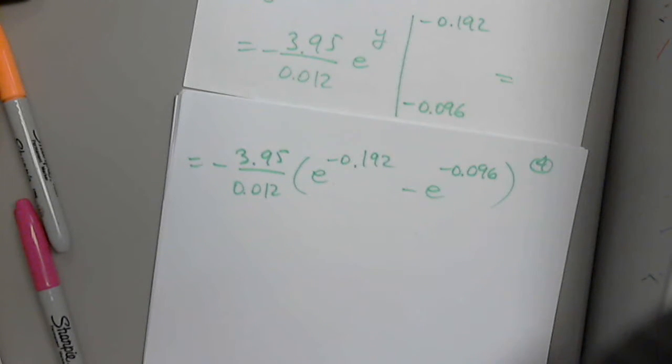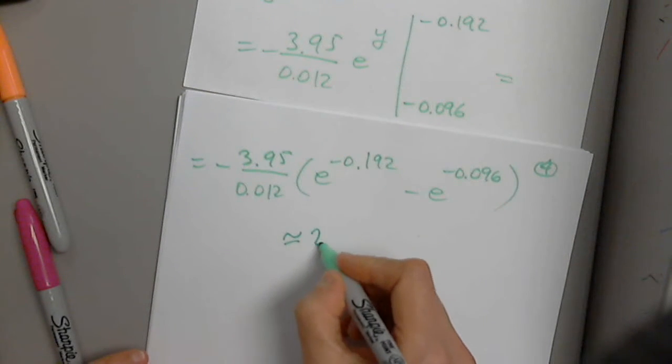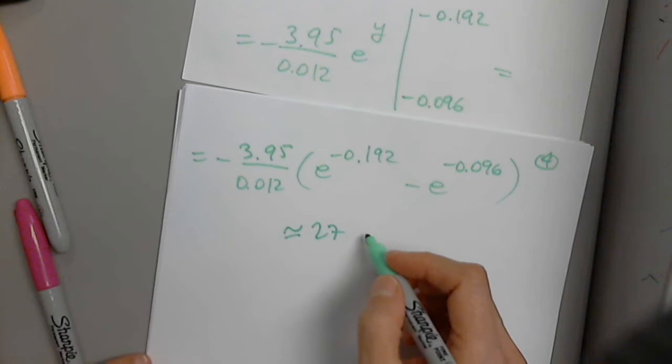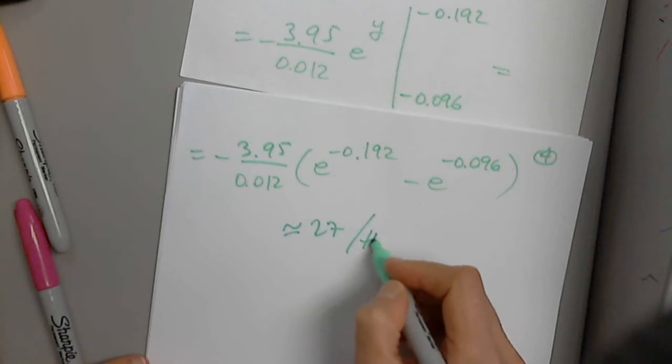I'm going to delete the 1 and insert e raised to, in parentheses, negative 0.096 and close the parenthesis. And when I press enter, I will get roughly 27 divorces per 1,000 people.